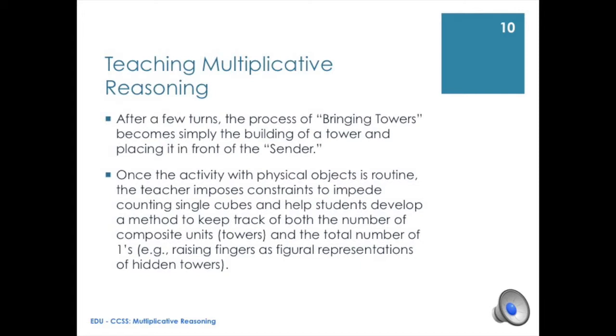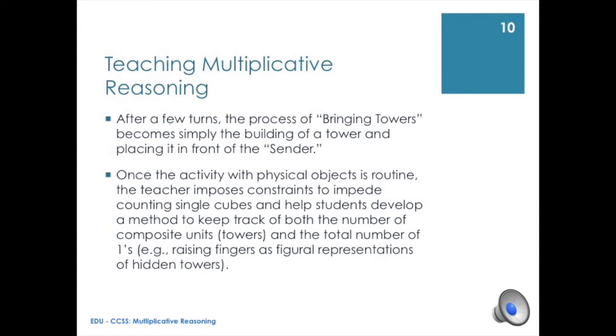And then once you feel that the activity with the cubes is pretty routine, then as the teacher you can create some constraints that start to limit the student's capacity to count single cubes.